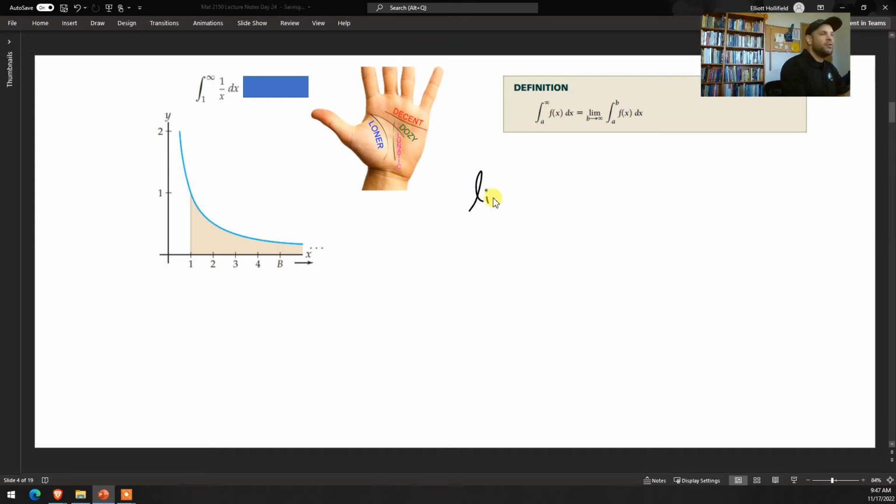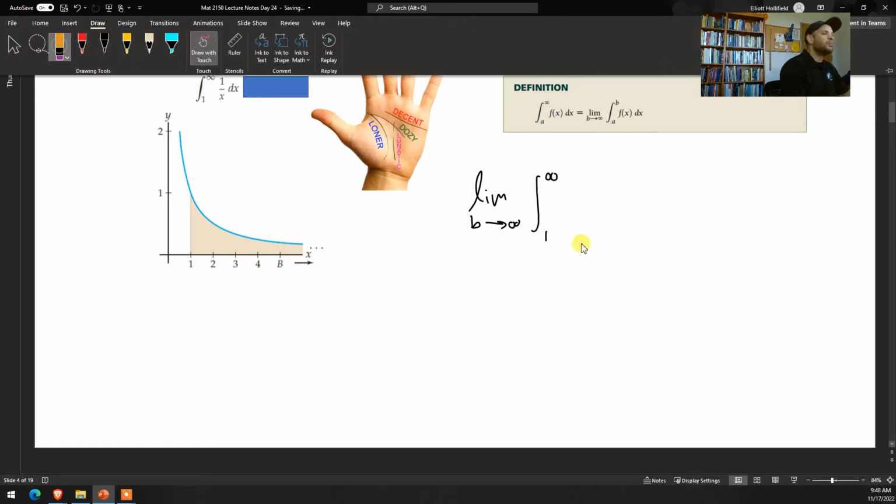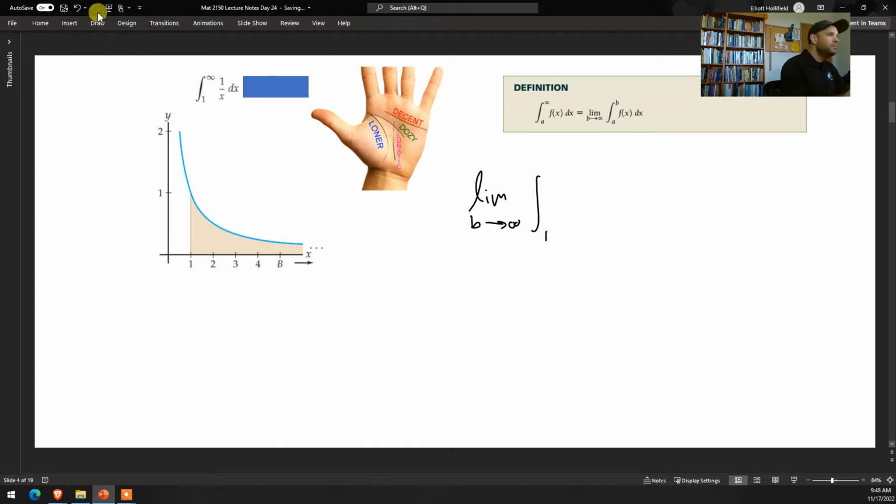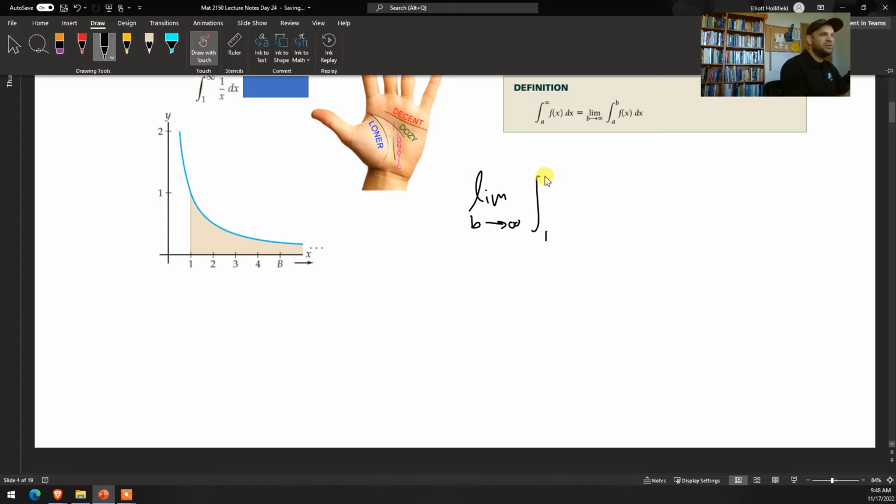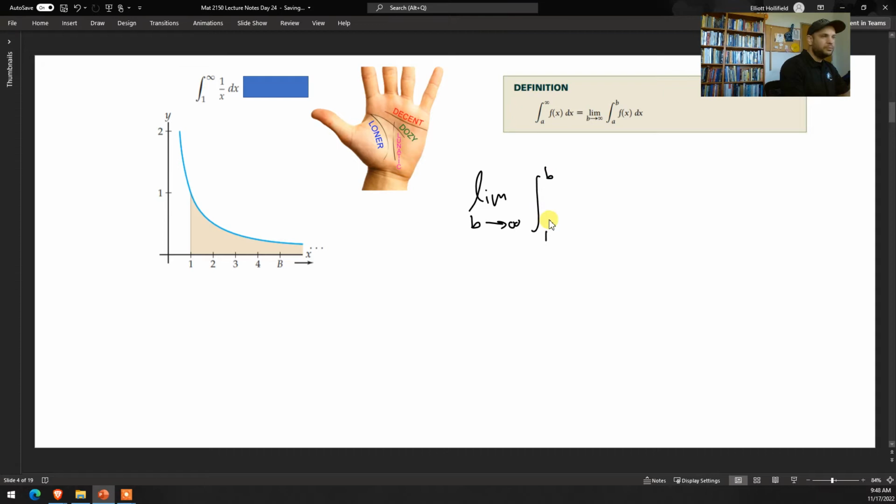Let's first write our problem with our limit notation as the integral from 1 to b, where we compute the limit as b goes to infinity.